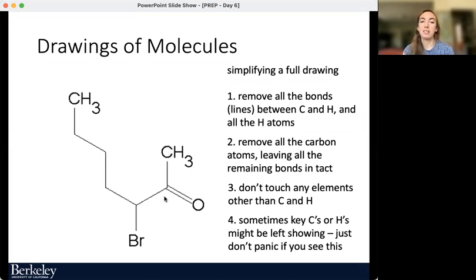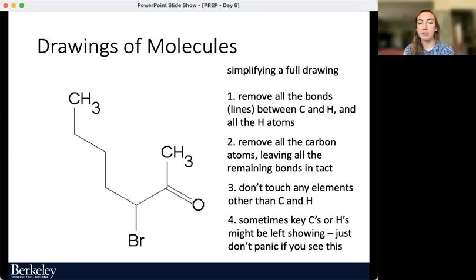So you should be able to see this drawing and interpret it, but this is the same as this. So don't panic if you see a drawing somewhere where someone has left a few random carbons or hydrogens on there.